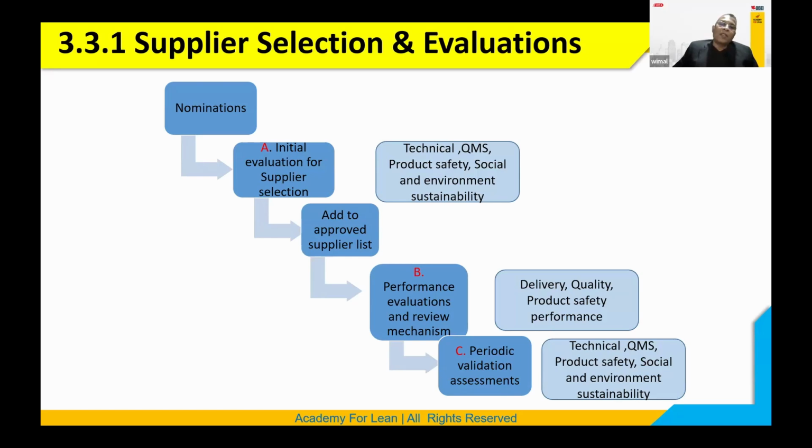The one thing is the selection process. Let's go through that. When you are selecting, what are the things we should look at? Currently what you are trying to do, what are the areas you are looking at? Only the pricing? Most of the time, most of the organizations, what I'm seeing is they look for the price. When it comes to the raw material, that decision is made by your business team or a sourcing team based on the pricing.